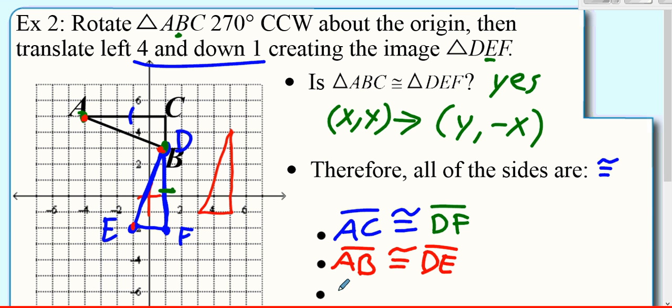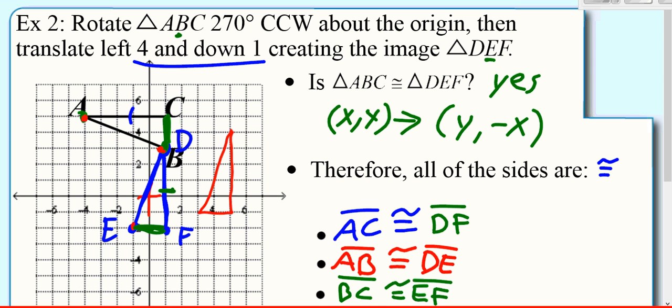We didn't write that one yet. So BC is right here. That corresponds with this bottom side. Remember, we rotated it. B matched up with E. And C matched up with F. You kind of have to replay the rotation every time to see what matches up with what.